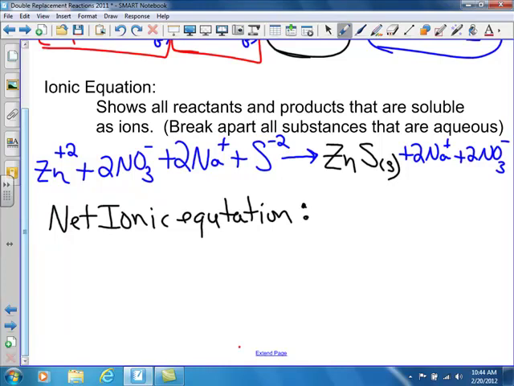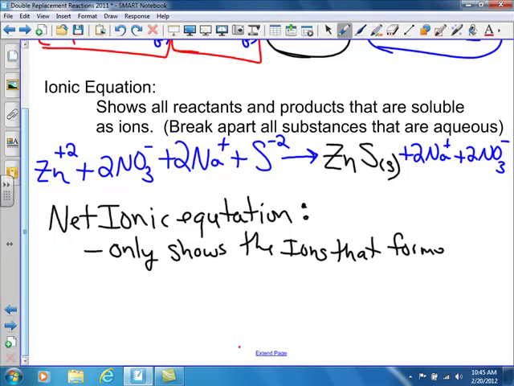A net ionic equation only shows the ions that formed the solid or the precipitate.